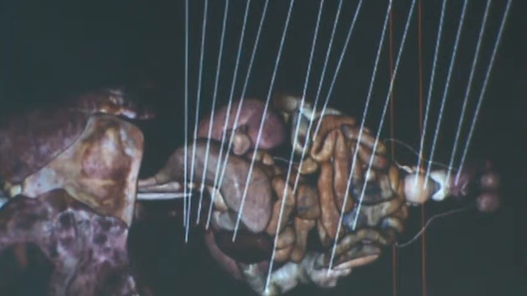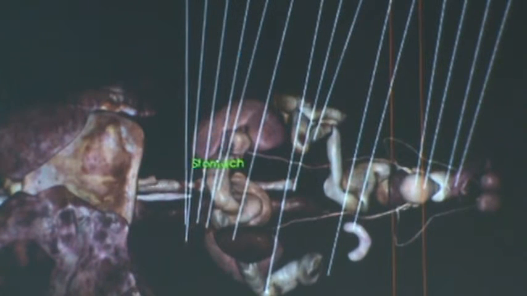Get rid of the small intestine as well. Okay. Get rid of the stomach. There we go.